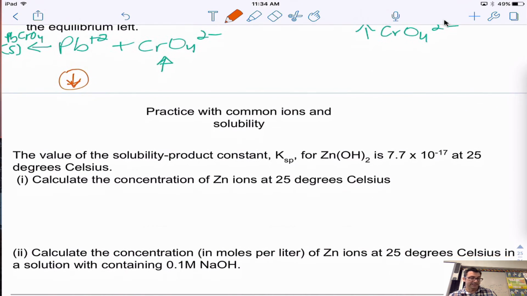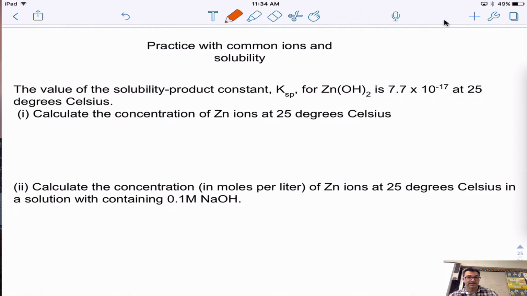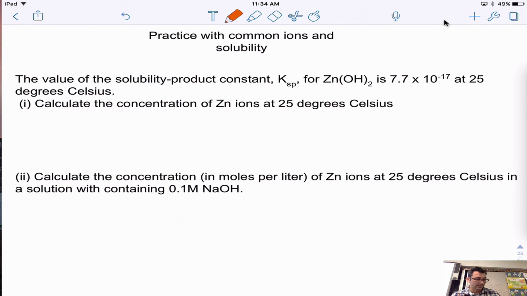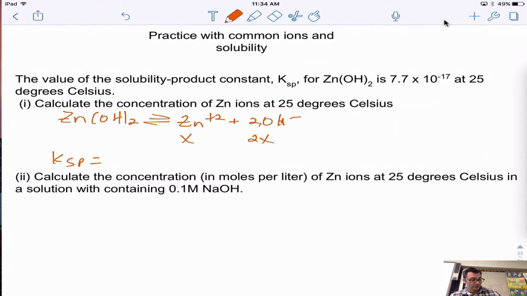And we can see that in this example right here. Here's my zinc hydroxide, which is insoluble. They want me to calculate the concentration of zinc in this. So I write out my equation, and I get Zn+2 plus 2OH minus. And now we have x and 2x. If we put that into KSP, we'll have KSP equals 4x cubed.